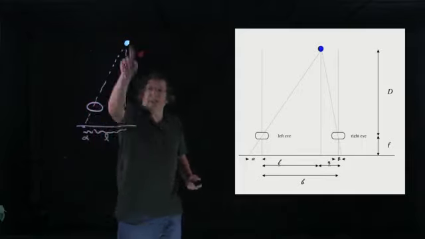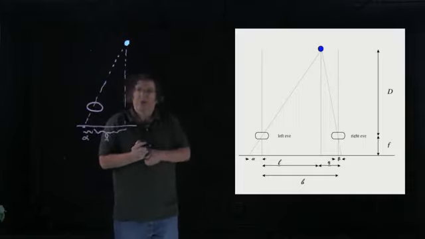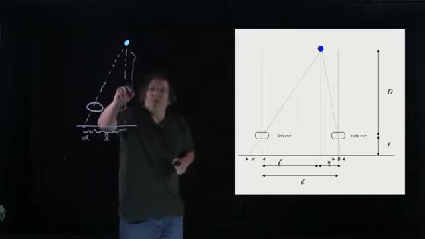What that means is that if this distance here is the one we're looking for, D, right?